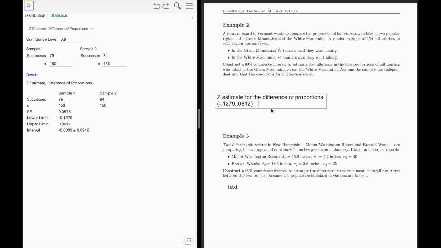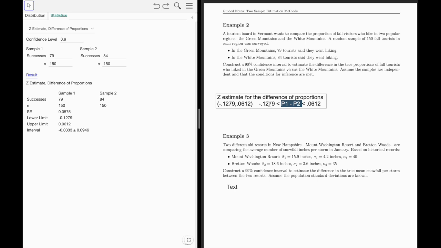So this tells us that when I take P1 minus P2, that's going to be between negative 0.1279 and 0.0612. So if I subtract P1 minus P2 and I get a value, it could fall between one of these two numbers.